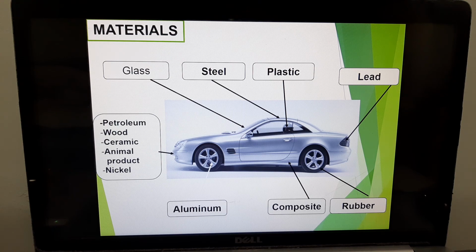Let's talk about the characteristics of each material, starting with a comparison between metallic and non-metallic.